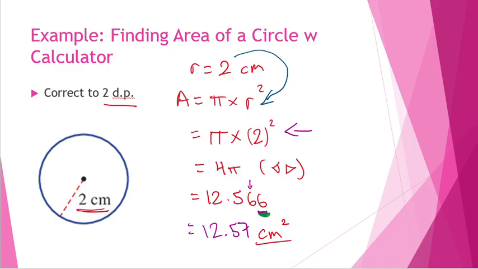So just remember rounding rules. Between 0 to 4, I round down. Between 5 to 9, I round up. Now, because the 6 is between the ranges of 5 to 9, I must round up. So the 6 where my purple arrow is located increases by 1. So the final answer is actually 12.57 centimeters squared. So don't forget to put in your units of measurement at the end, okay?